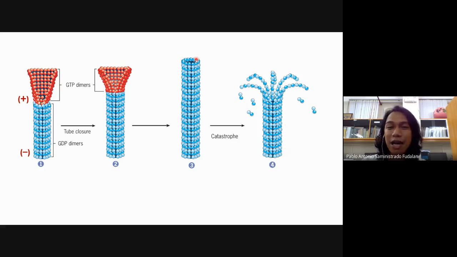And a special type of MAP is the plus tip protein. The plus tip protein stays here in the positive end and helps stabilize our microtubule so that it will not be disassembled like this. So it needs another protein called plus tip, which is a type of microtubule associated protein. So just remember that one.